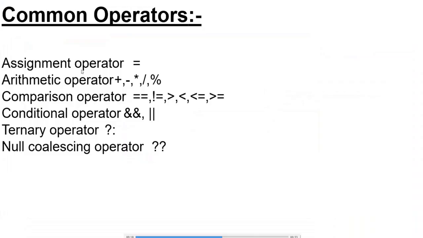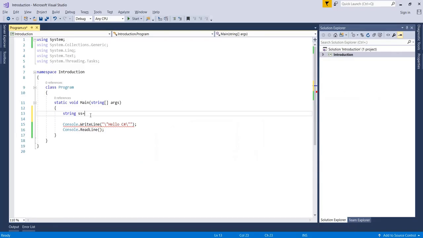This equal sign means assignment operator. What does it mean? If I write Hello, the right-hand side value will be assigned to the left-hand side variable name. So this Hello will be stored inside this double S.